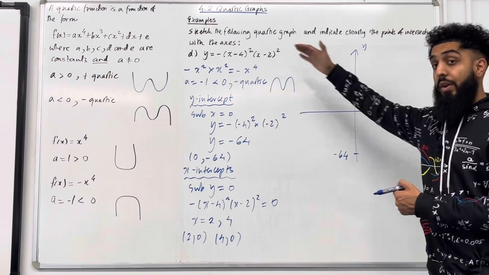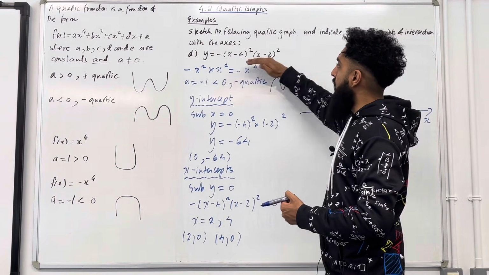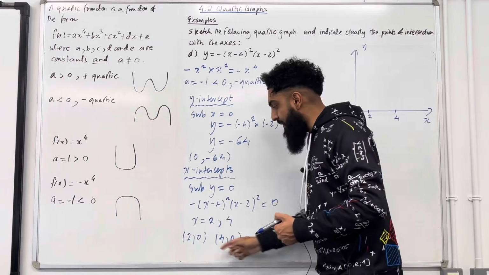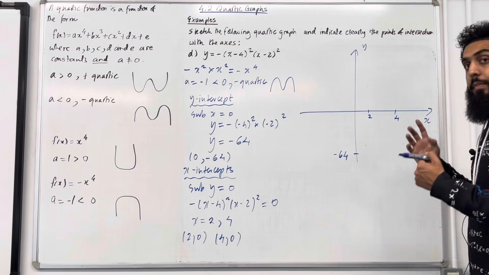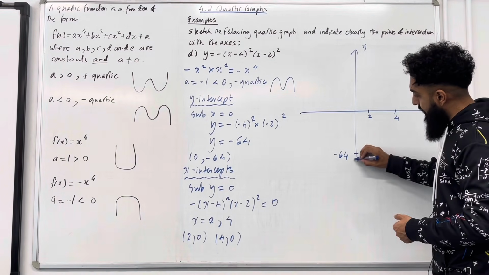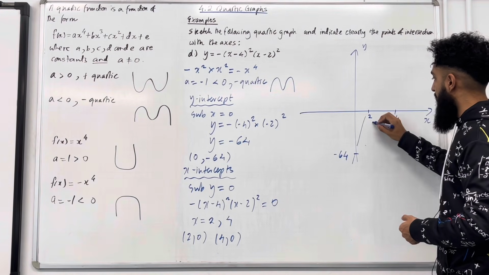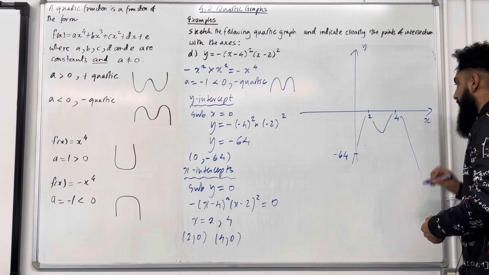If we go back to the original equation, we have two repeated factors, x minus 4 and x minus 2. So at both of these x-intercepts, the curve will bounce. It will not cut, it will bounce. So I need to bear that in mind when I sketch the graph. So cut at minus 64, which is the y-intercept, bounce at 2, bounce at 4 as well, and then come back down like that.